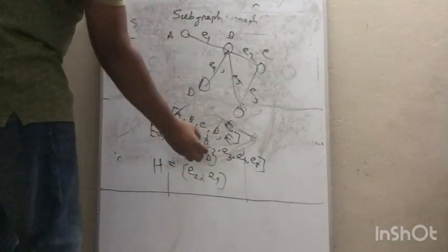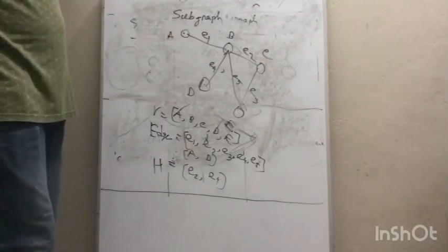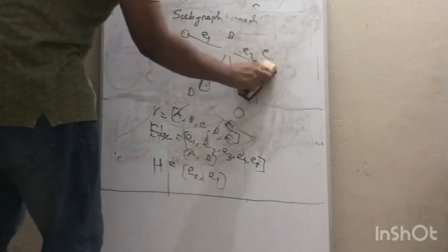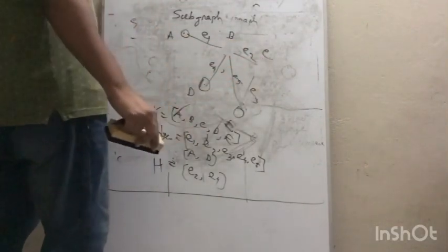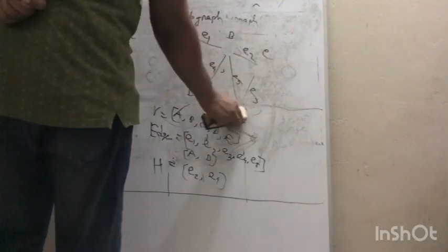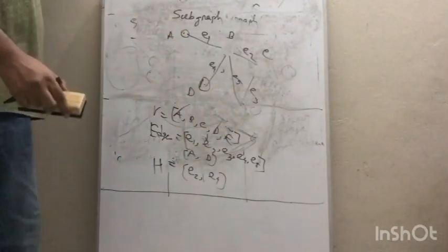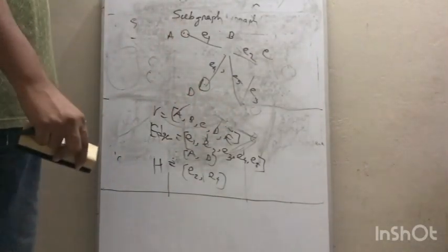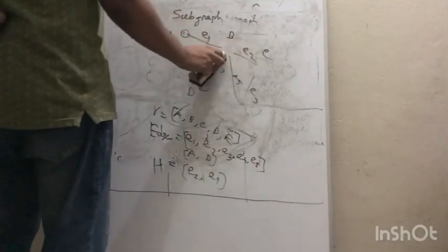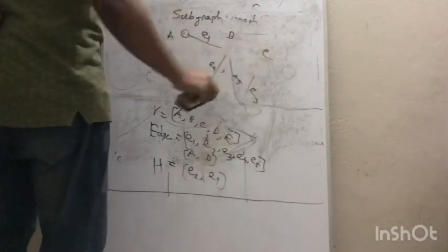So A to D, we take A and D. So we erase B, C, and E. Now E2 and E4, but E2 has no connection, so let's remove it.